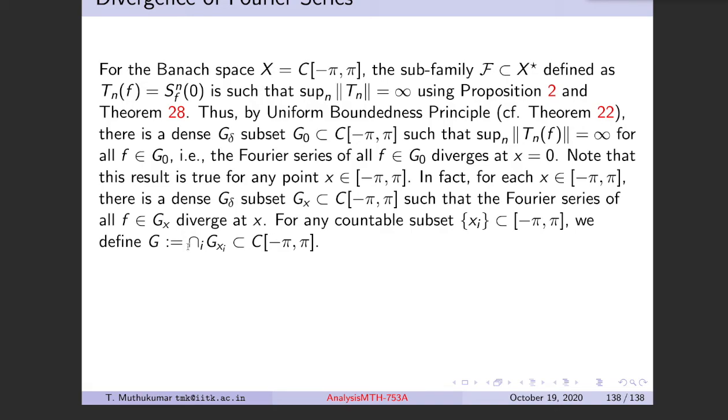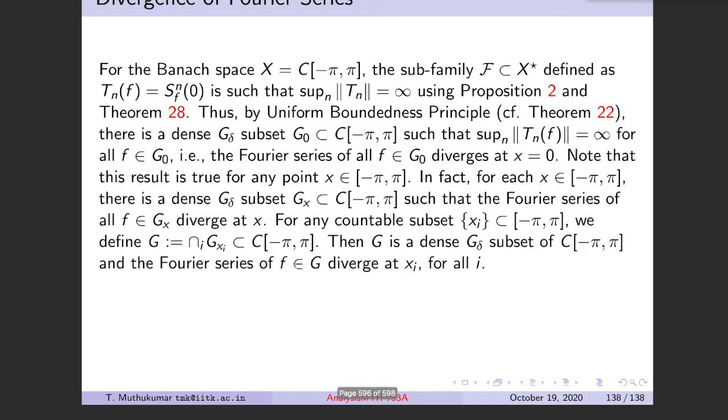A countable intersection of G delta sets is also a G delta set, and it is dense because each Gxi is dense. So G is a dense G delta subset of C of minus pi to pi, and the Fourier series of every f in G diverges at all xi's.